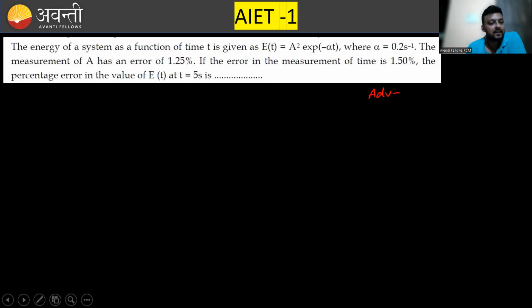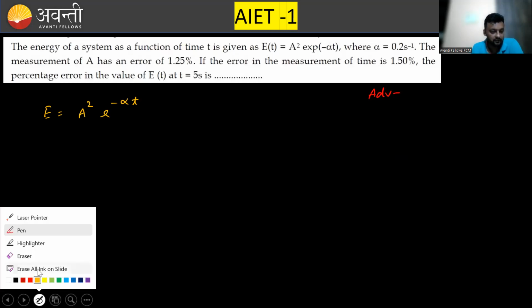You can solve it. Okay, so they are saying the energy of a system is E equals A squared e raised to the power minus alpha t. Where alpha is given, highlight the term alpha.